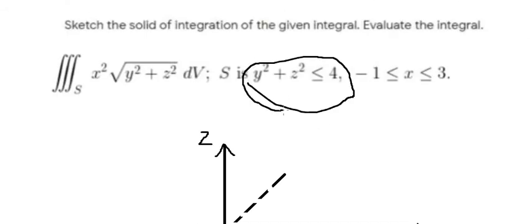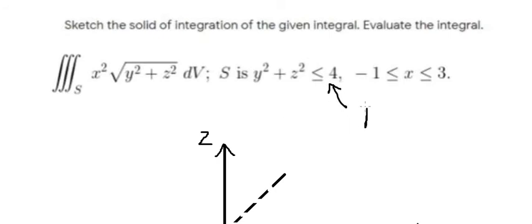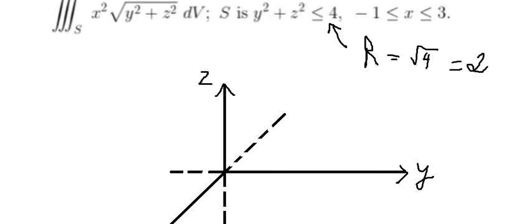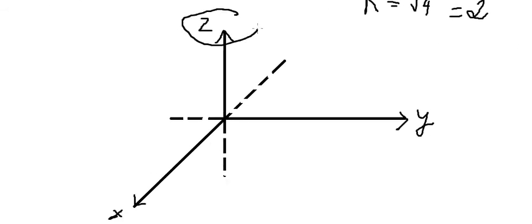We see that this is about the circle, and the radius is the square root of 4, and that's about number 2. So we have Y and Z, so that should be about this one and this one. So we need to put the circle in here.